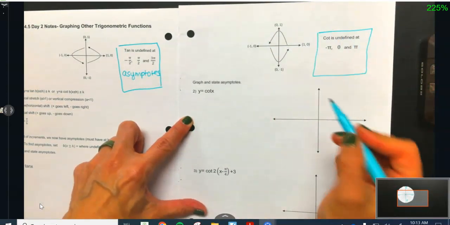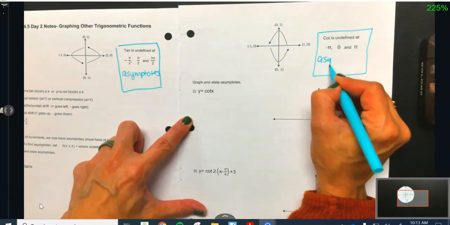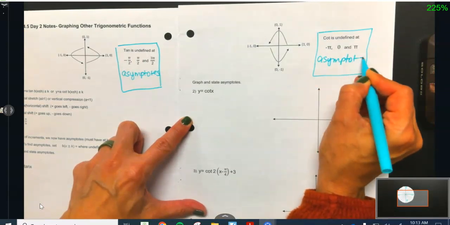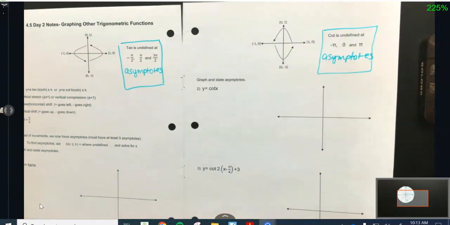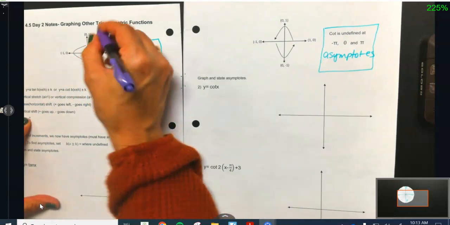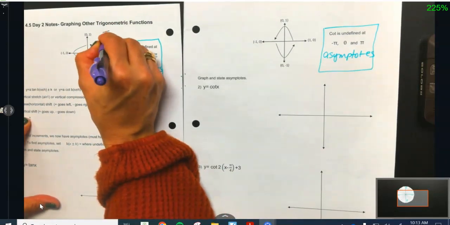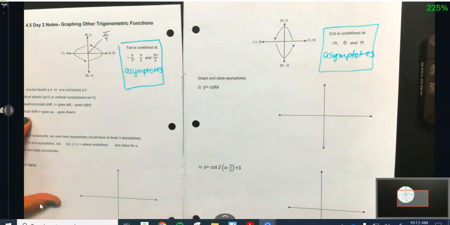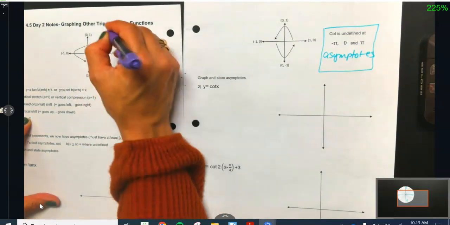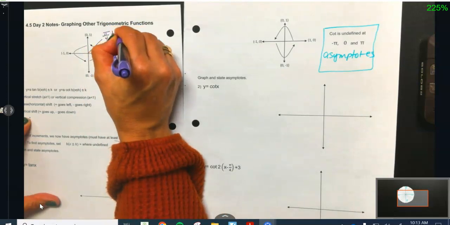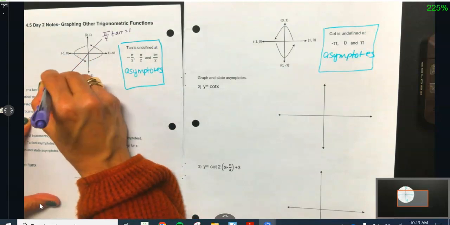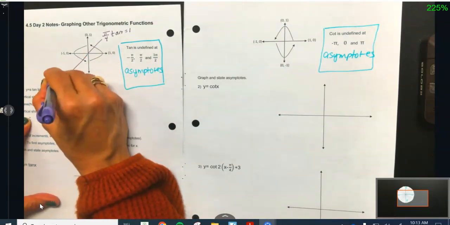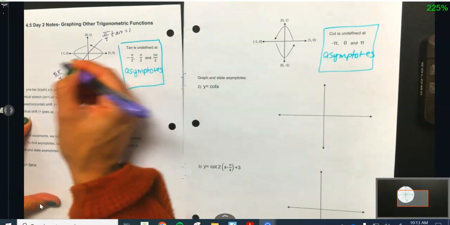We have automatic asymptotes for cotangent also. Now, one more thing that's not on here, but are critical points. What's tangent for pi over 4 again? And also this one, which is 5 pi over 4.